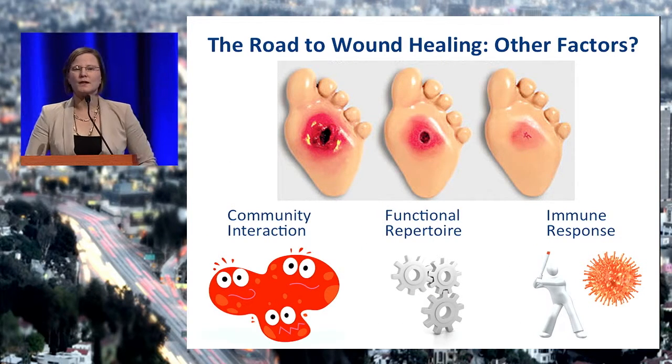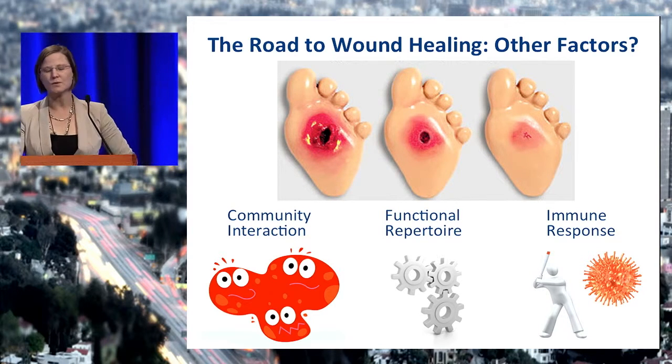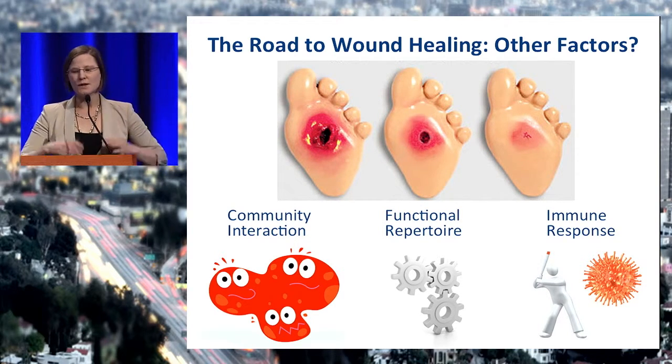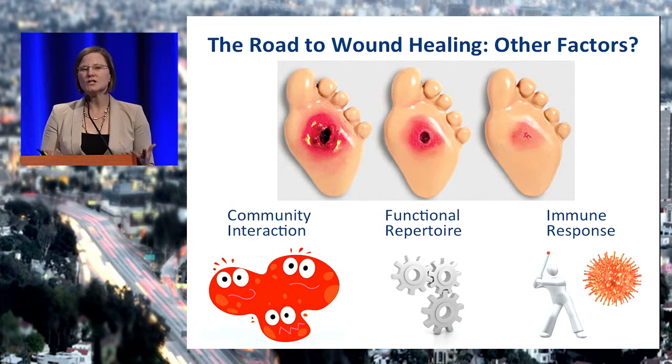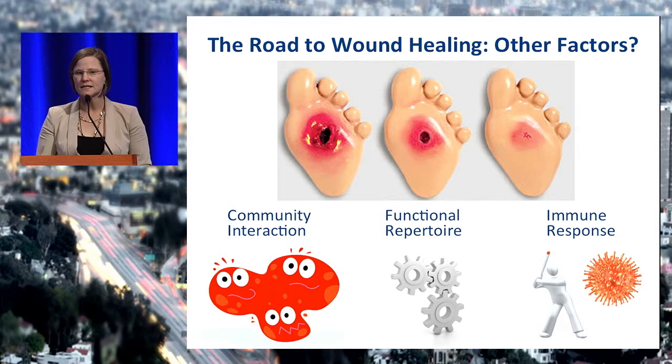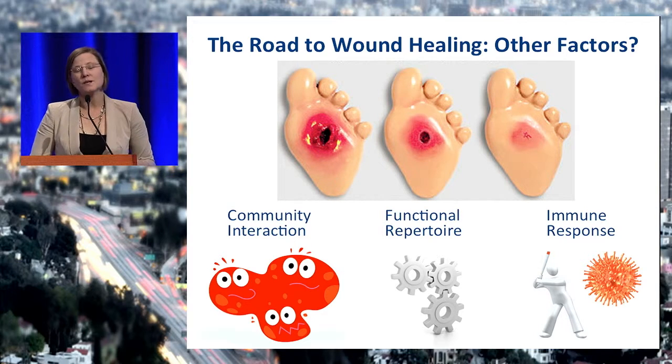So really, when we think of wound healing, now we need to expand our scope a little bit more. We need to think about the communities. We need to also think about the functional repertoire. So what types of genes are in these communities? How are they interacting with their host? How are they interacting with each other? And what's causing the differences in the abundance and type of bacteria that exist in these communities, whether they're diseased or healthy?